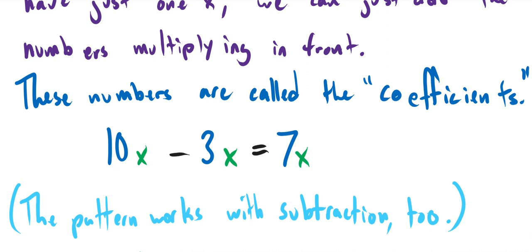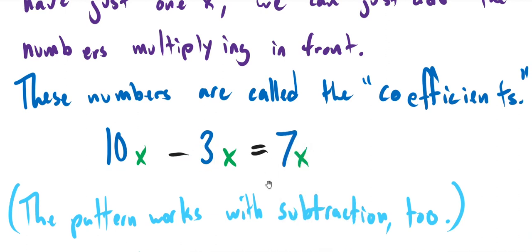So we are getting closer to identifying this concept called like terms, where they both just have the same variable part, and we can then look at the numbers part in sort of a simplified light. We can kind of ignore the variables part. So we'll talk more about that later, but for right now, you should see that if we can factor out an x, we can just focus on the 10 minus 3 in this case and get 7.